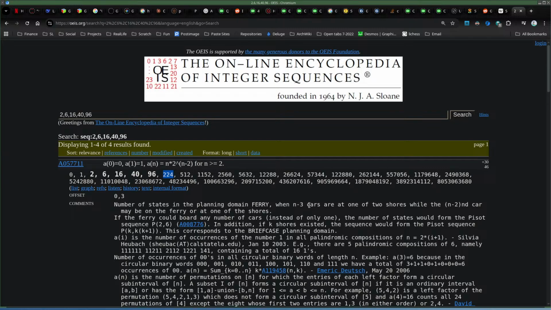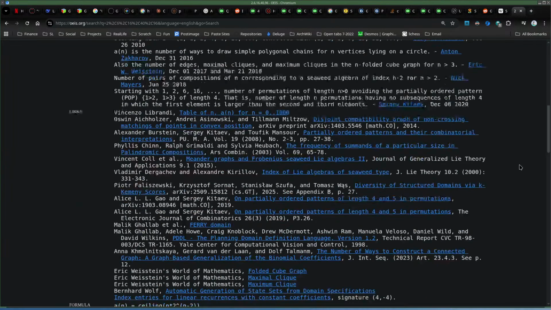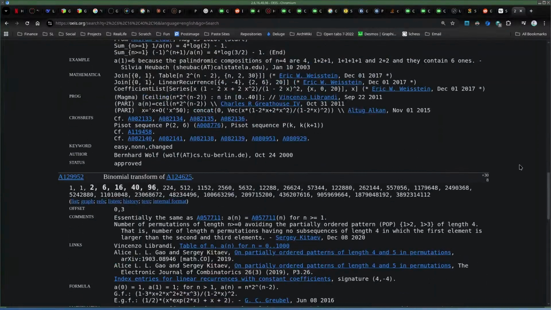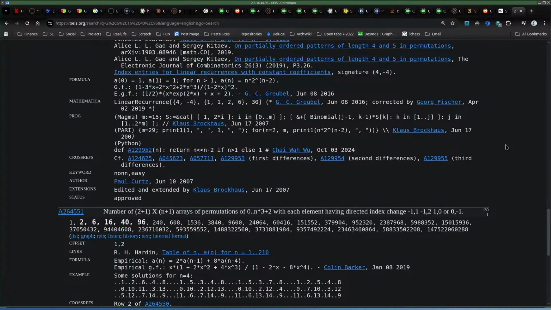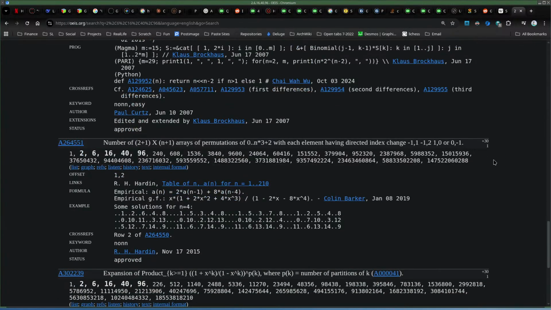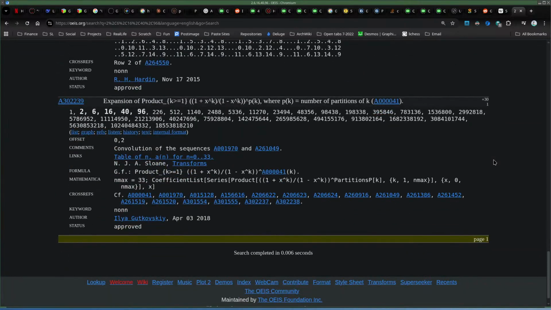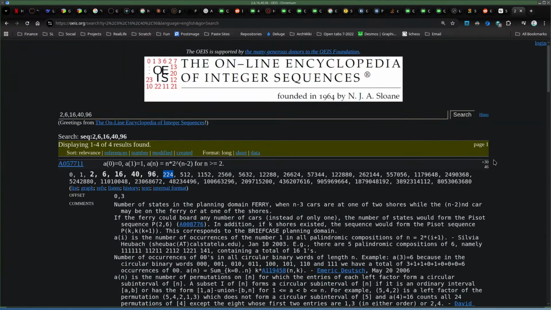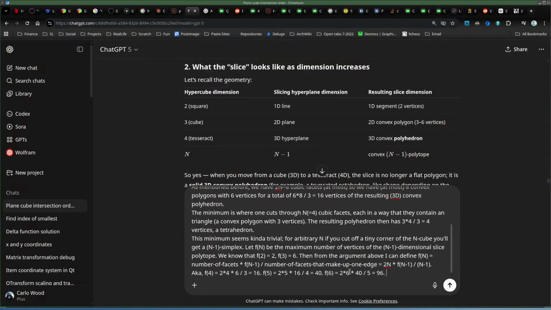Before I read what it is, let's check if this is the one. Is there only one? There are more. Binomial transform number of arrays or permutations. So it's basically not enough. We have to calculate the next one. F7.